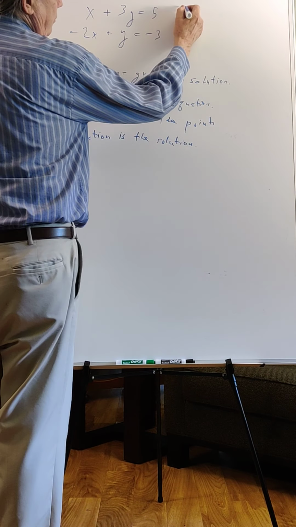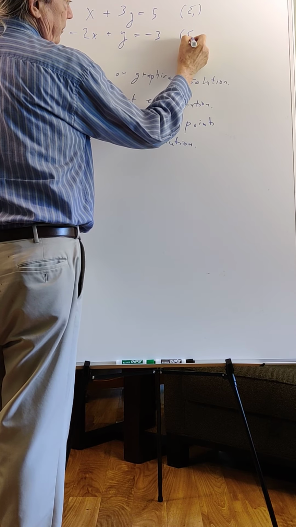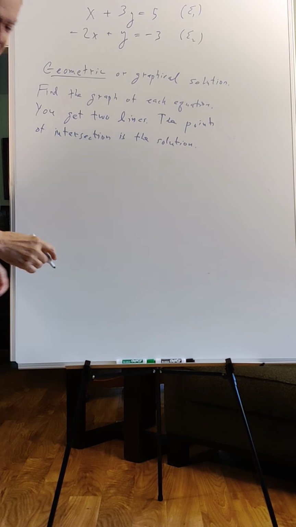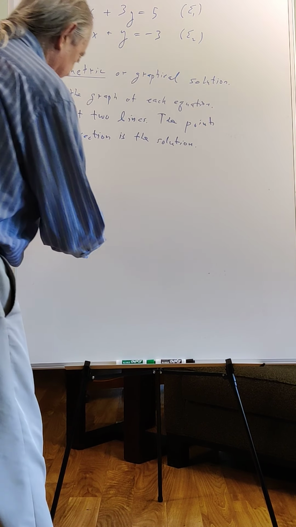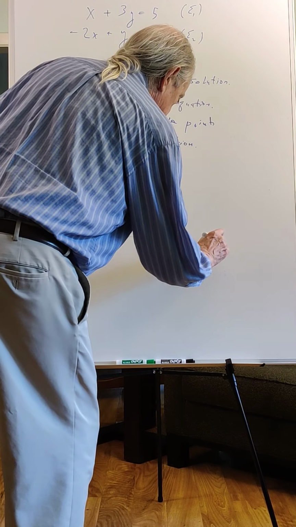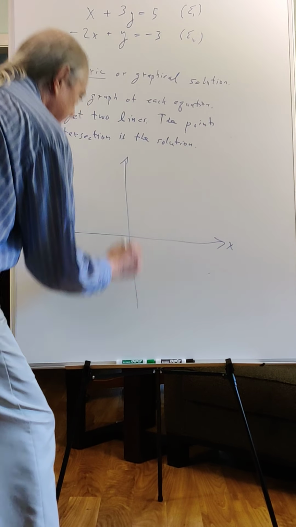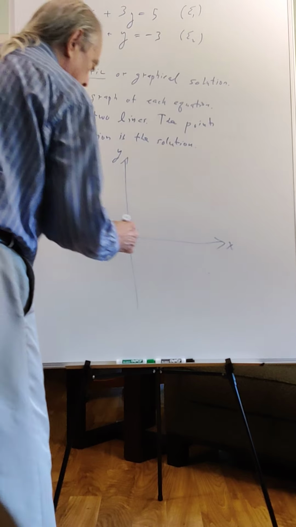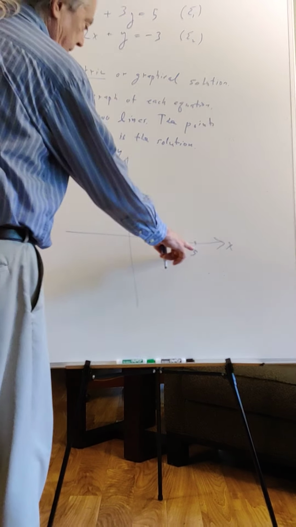All right, so let's call this equation 1, a subscript 1. We'll call this equation 2. So we have an x-axis and a y-axis. This is the number 5.